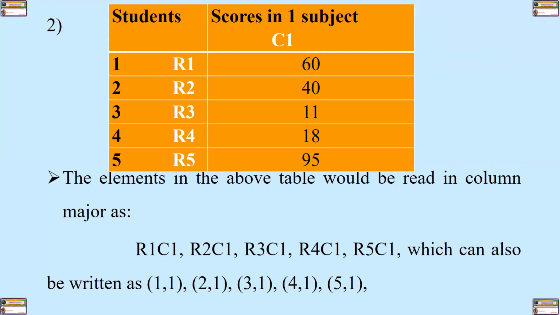What is not changing here is the column. So where we read all the elements in one column and complete it before moving to the next column, if it has more than one column, then we call that column major order.